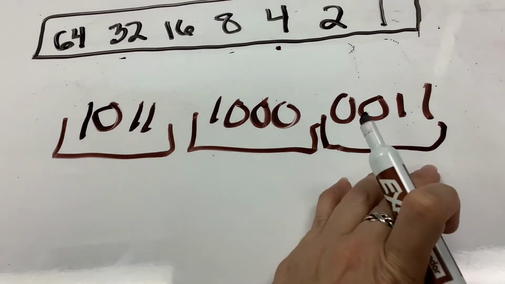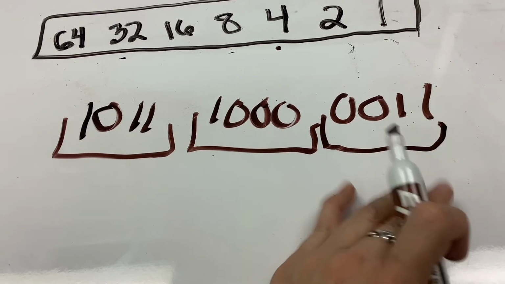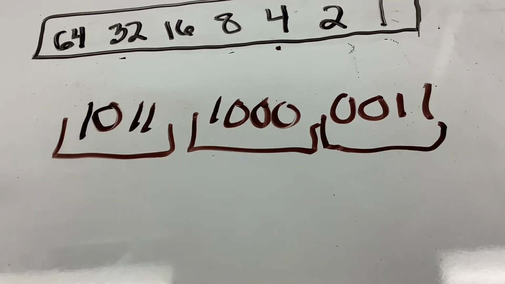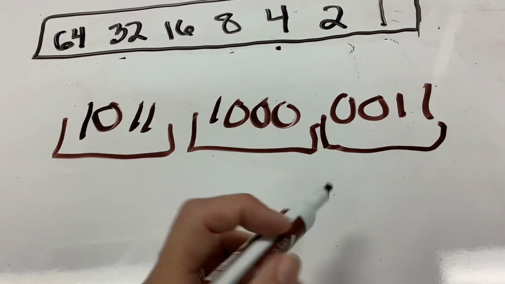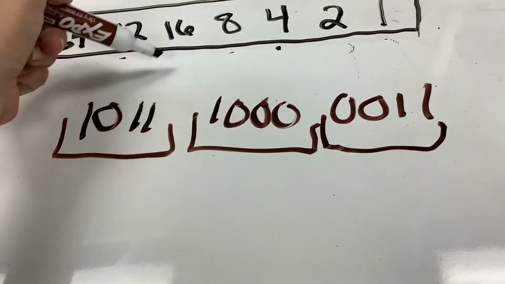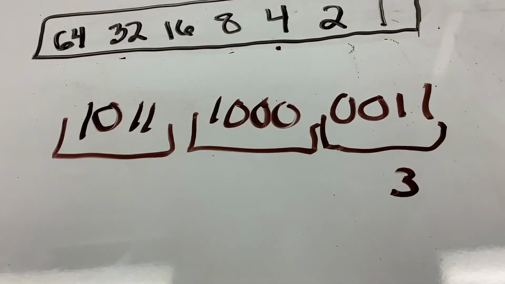So now I'm going to read the binary number and try to figure out what it is and if I need to convert it into a hexadecimal number. Some of these may, some of these may not. So let's play around and see what we get here. For this first one, if I line this up on my grid, I'm only using the first 2 numbers. So this would just be a 3.